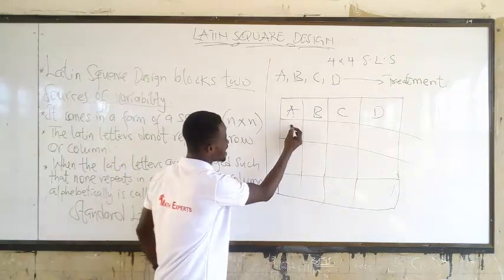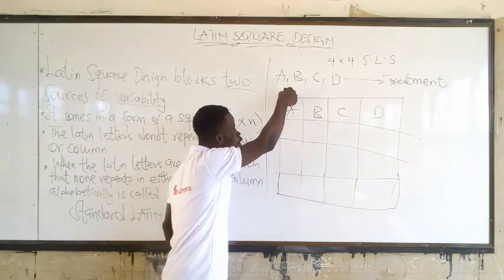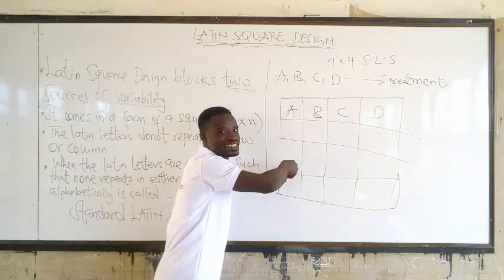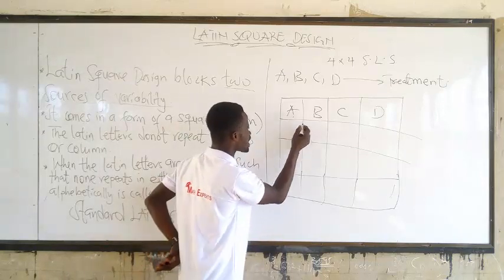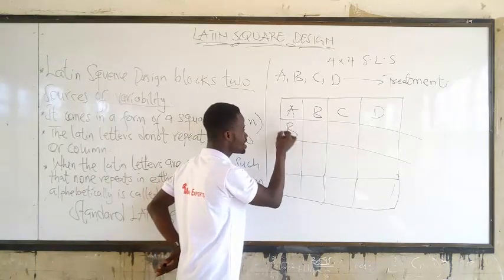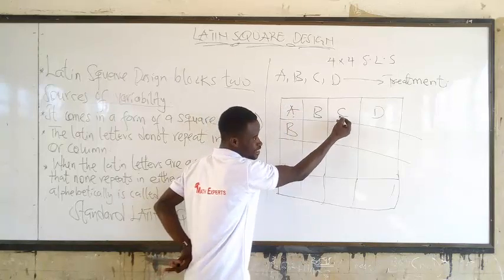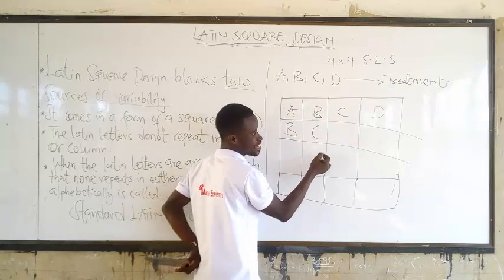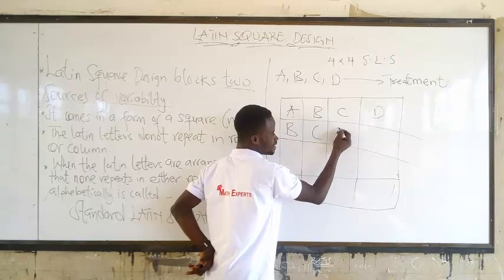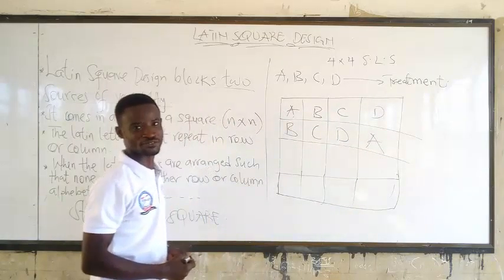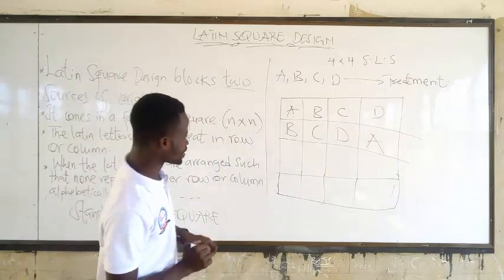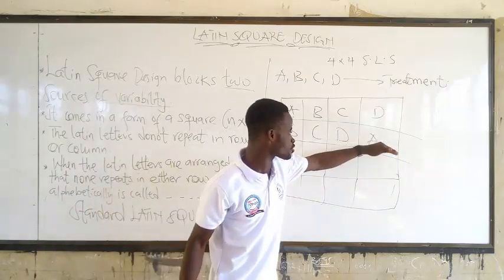So when we start A here, there will be a repetition in the column. So we can start with B here, C here, D here, then the last one will come, A. Beautiful. So now you can see that here there is no repetition.